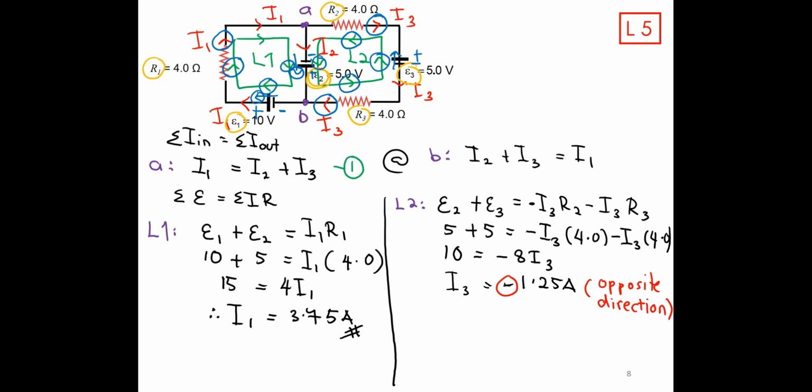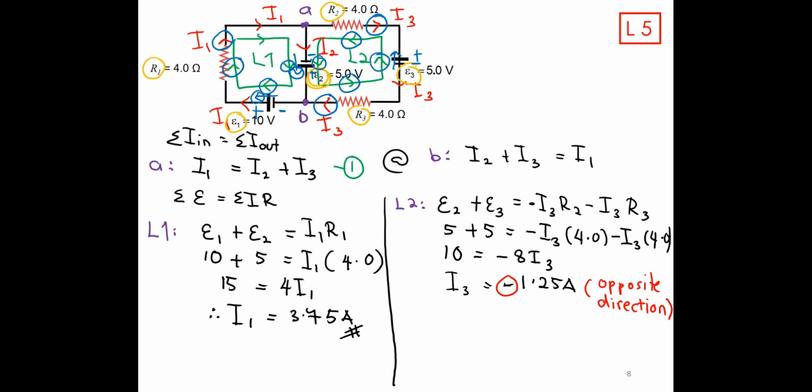Because for I3 we chose clockwise, but the real one is anticlockwise. Okay, settle for I3.